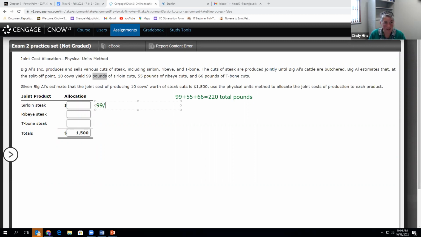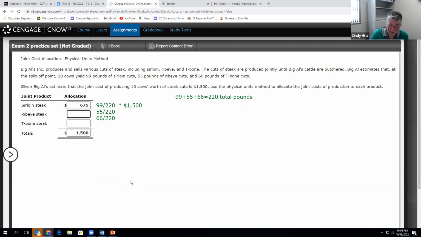So sirloin is 99 out of 220. Ribeye is 55 out of 220. And T-bone is 66 out of 220. For each one of those, we're going to multiply then by the total joint cost that we're trying to allocate. In this case, we're told it's $1,500. So that's the calculation we're doing for each line. 99 divided by 220 times 1,500 is 675.